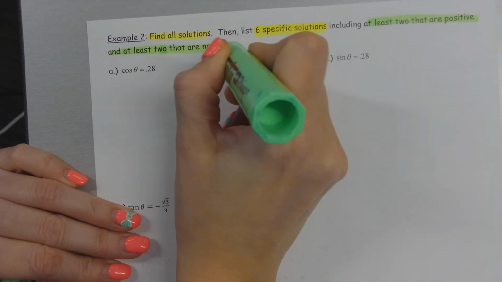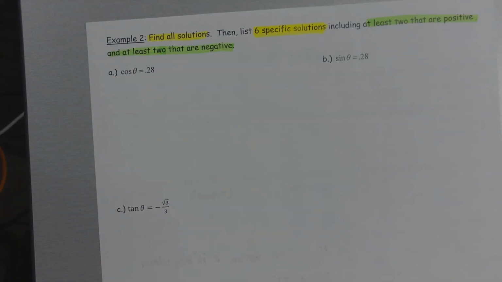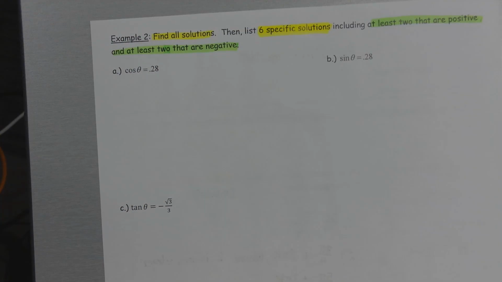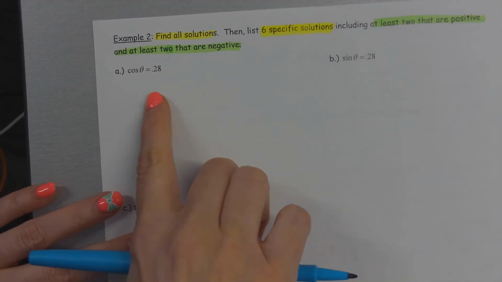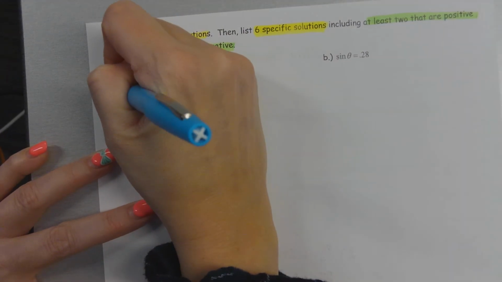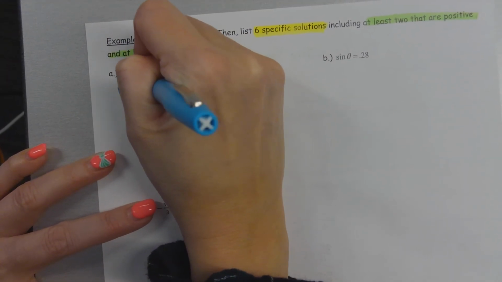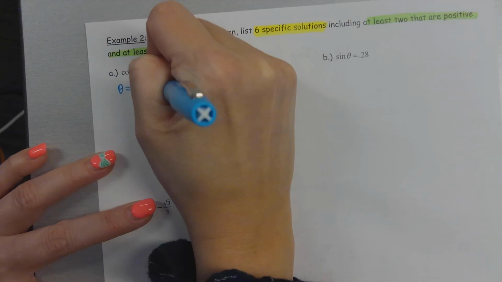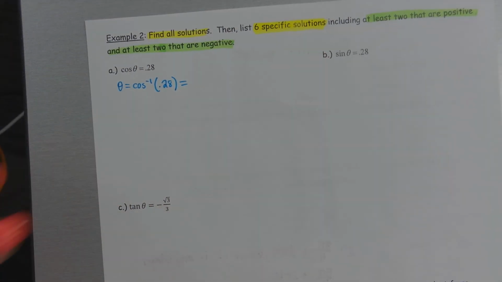So based on what we did for our last example, can you guys start part A? And in terms of the work that you need to show, for one that's a decimal, I do want you to show this step so that you're taking the inverse and what that is going to be.